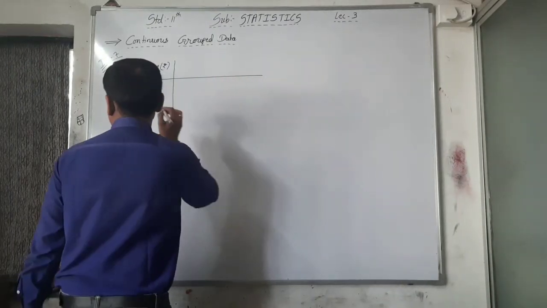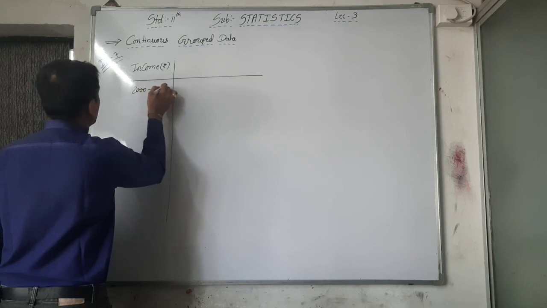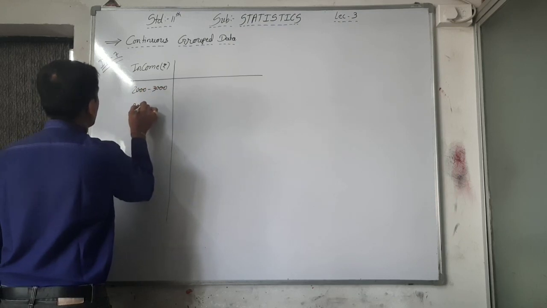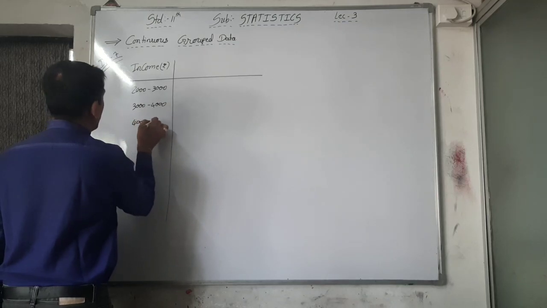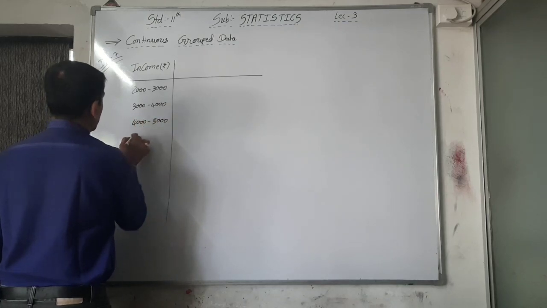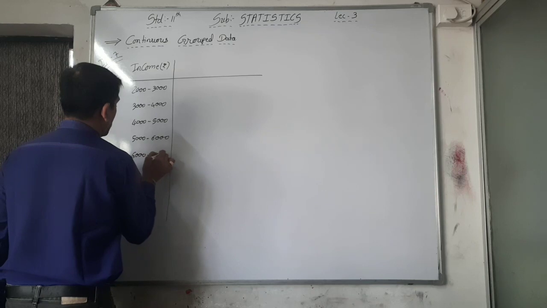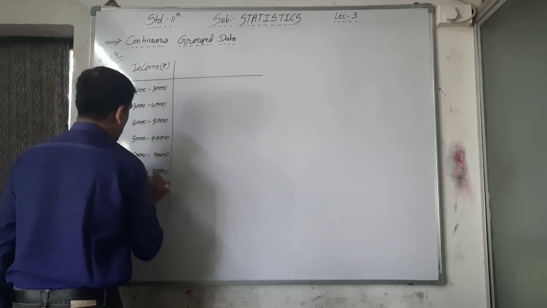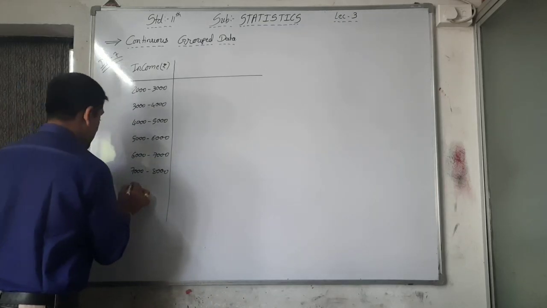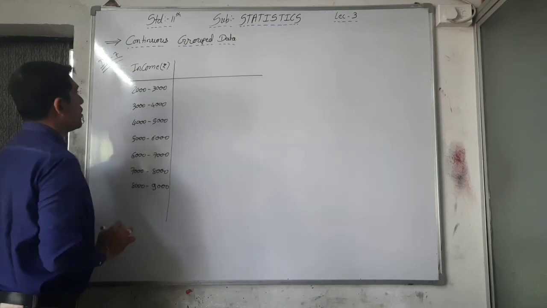Okay, so here I am writing 2000 to 3000, then 3000 to 4000, then 4000 to 5000, and the last one is 8000 to 9000.